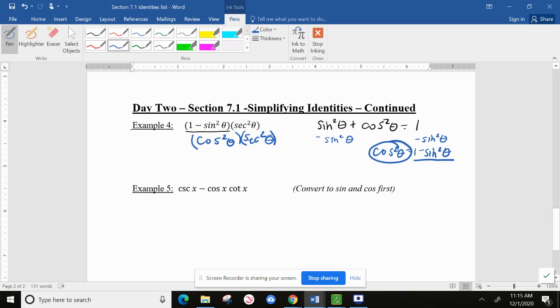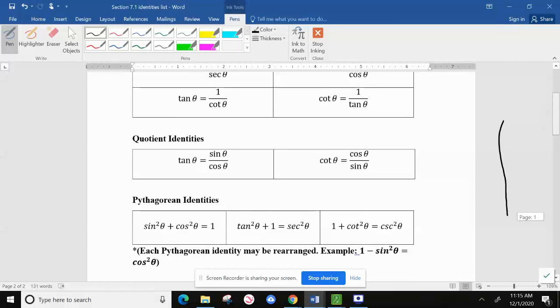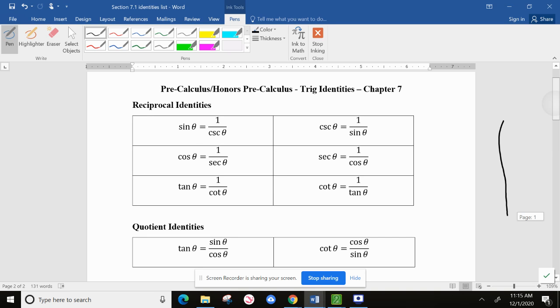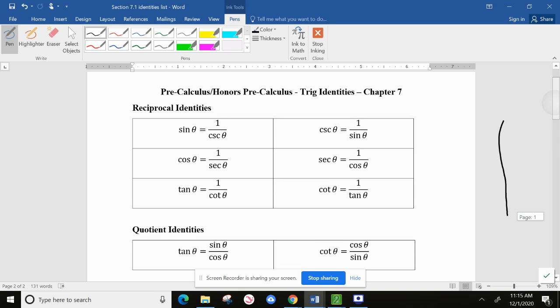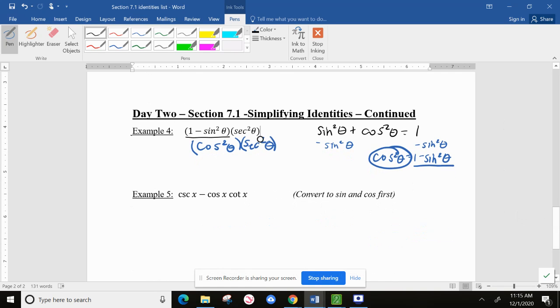Right now, there's a couple different ways that you could think through it when you get to this point. I prefer to go back to the reciprocal identities and look at those. So here they are. You know that cosine is 1 over secant. And similarly, secant is 1 over cosine. Whichever one of those you decide to pick is fine.